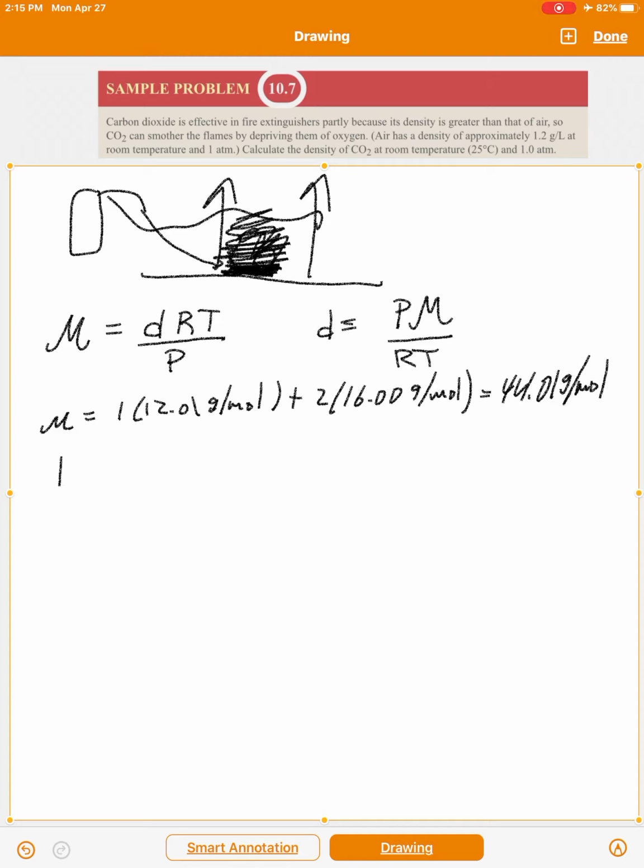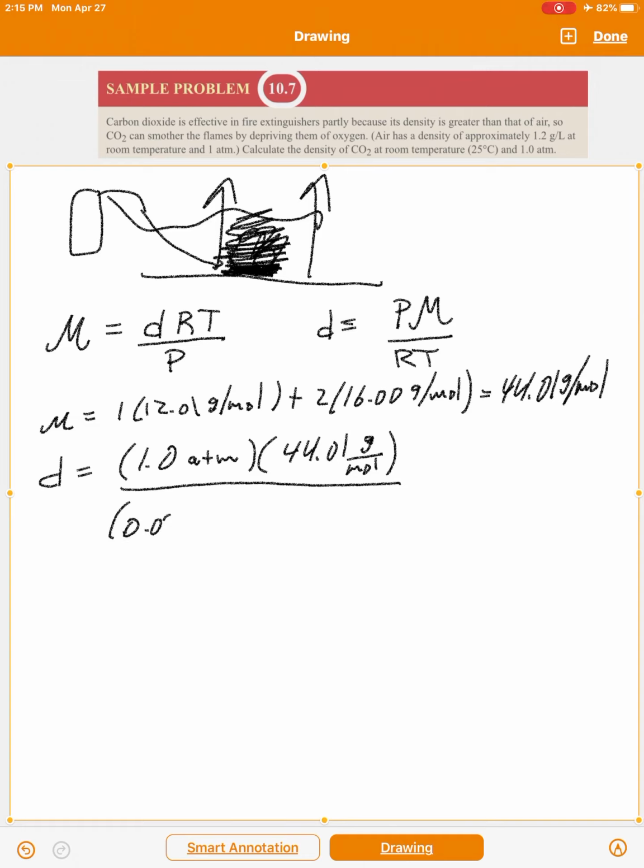So the density would be 1 atmosphere times the molar mass, which is 44.01 grams per mole, divided by R, times T.